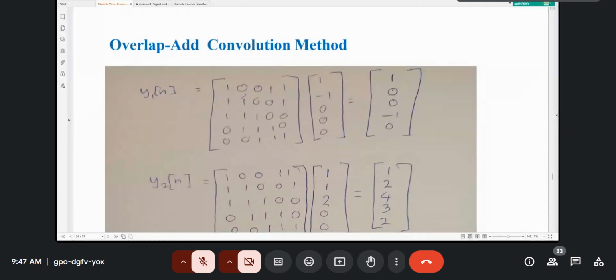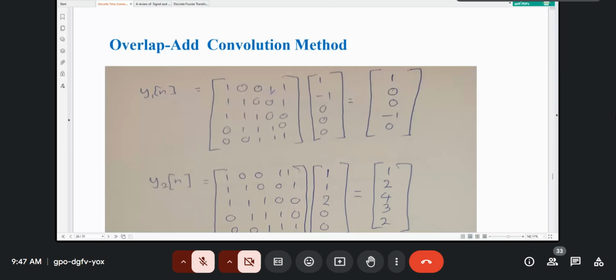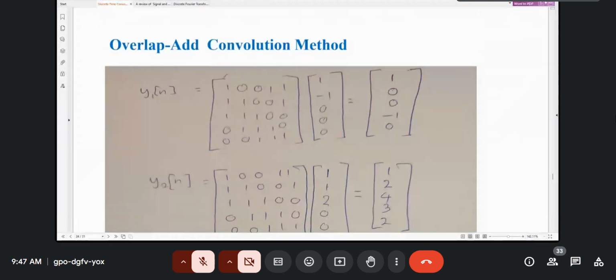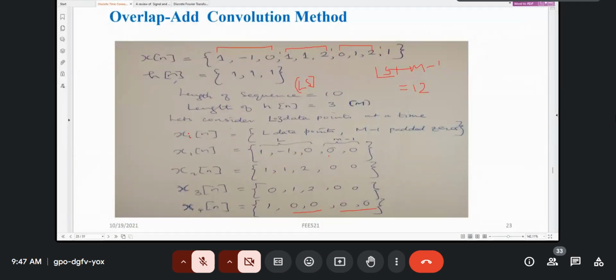So let's use the circular convolution. We know our h of n is just 1 1 1. So that's what we are doing. We use h of n: 1 1 1, 1 1 1, 1 1 1, 1 1 1. Remember, we have used the lengthened h, which has got 2 m minus 1 zeros.